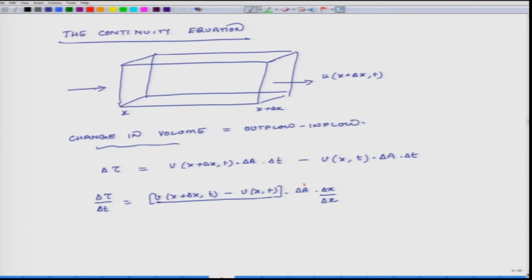This delta A times delta x is what? V, the volume of the element. So, this equals delta tau over delta t equals u(x plus delta x, t) minus u(x, t) over delta x, times V.